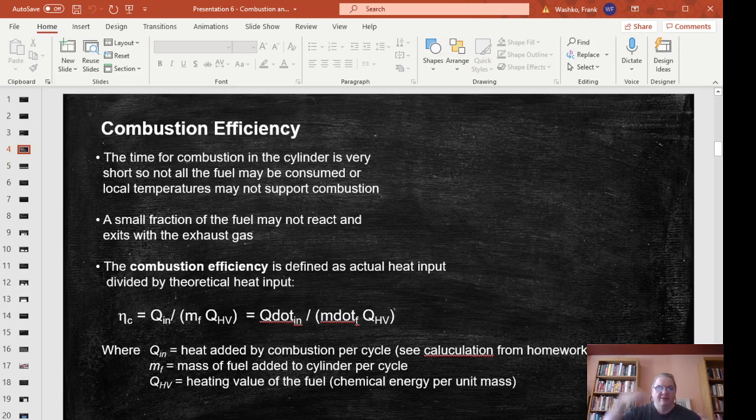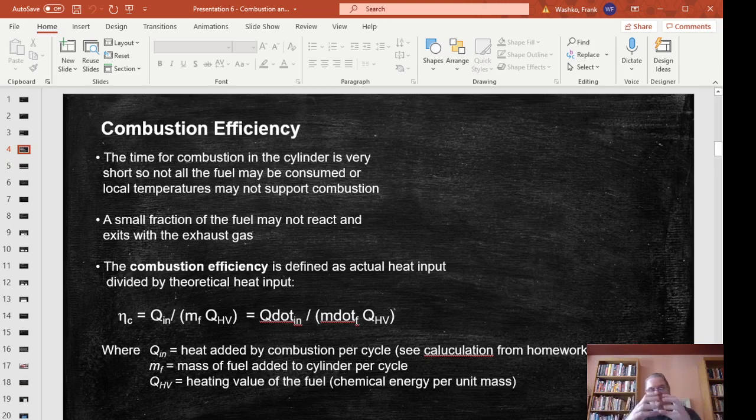That's the amount of heat that we added in due to compressing the air and the air fuel mixture. That was the Q in, the heat from compressing. If we take the mass of the fuel and the heating value of the fuel, that would tell us the theoretical amount of work that we could get out of it.